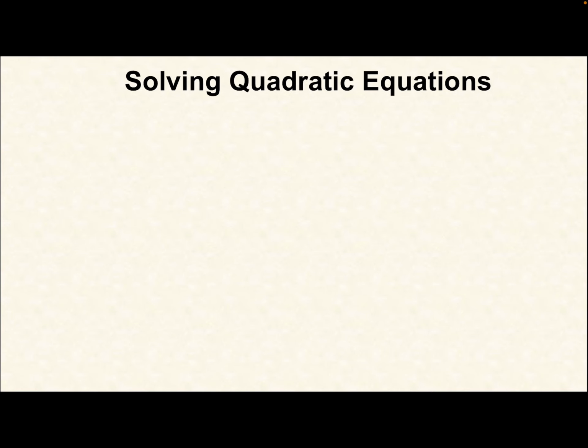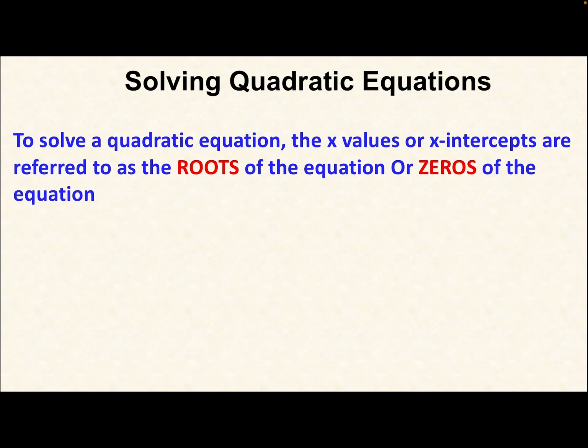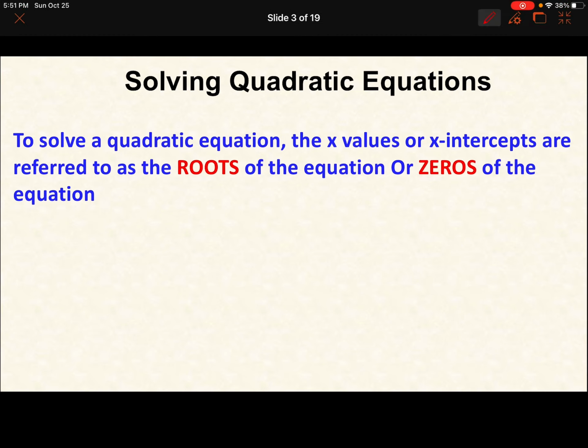So how are we going to solve a quadratic equation? When we are solving a quadratic equation, we are actually looking for the roots or the zeros of the quadratic equation.